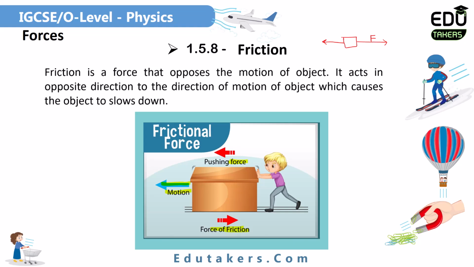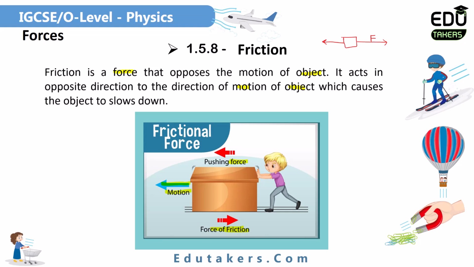So you can see here, friction is a force that opposes the motion of the object. It acts in the opposite direction to the direction of the motion of the object, which causes the object to slow down.